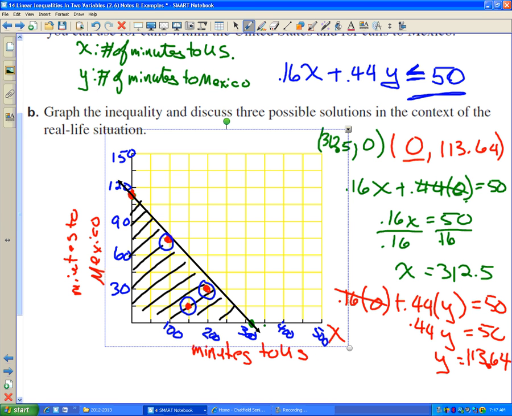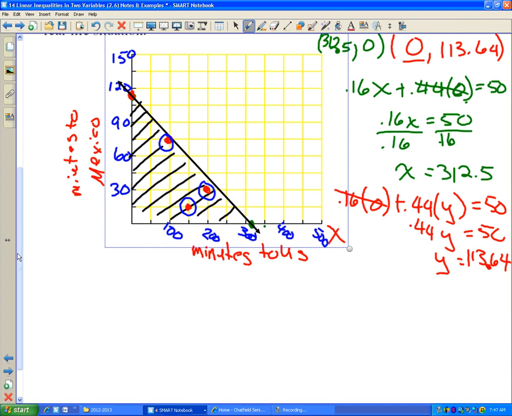So I wanted 3 possible solutions in the context of a real life situation. My first point, this one here, says I'm going to use 100 minutes calling the US, which, 100 times 0.16 is $16.